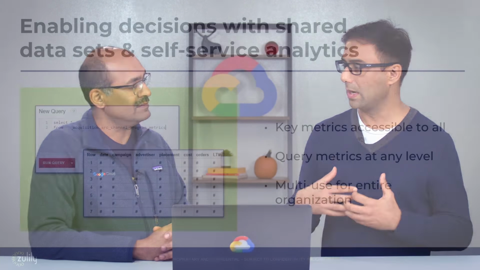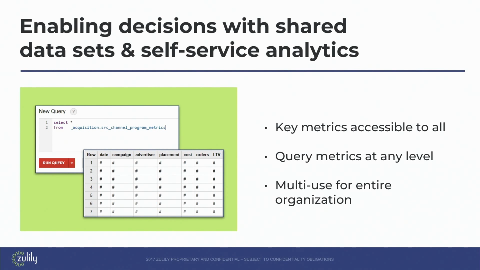Some data we are trying to ingest in near real time. This is around what our customers are doing. So we want to listen to our customers and make changes accordingly. So it has to be near real time. But there are other data sets which we are ingesting at varied cadence. So these are running as batch jobs, which we are running every so often, and aggregating the data sets.